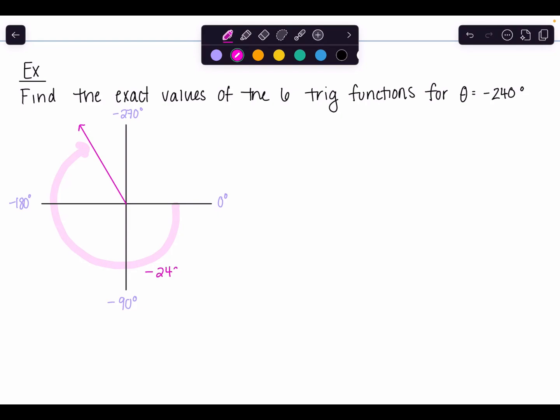I'm working with negative, so let's go negative 90, negative 180, negative 270 up here. So negative 240 is somewhere in between here. Okay. So I would start here and then go around. That is negative 240. My reference angle alpha is right here, okay?